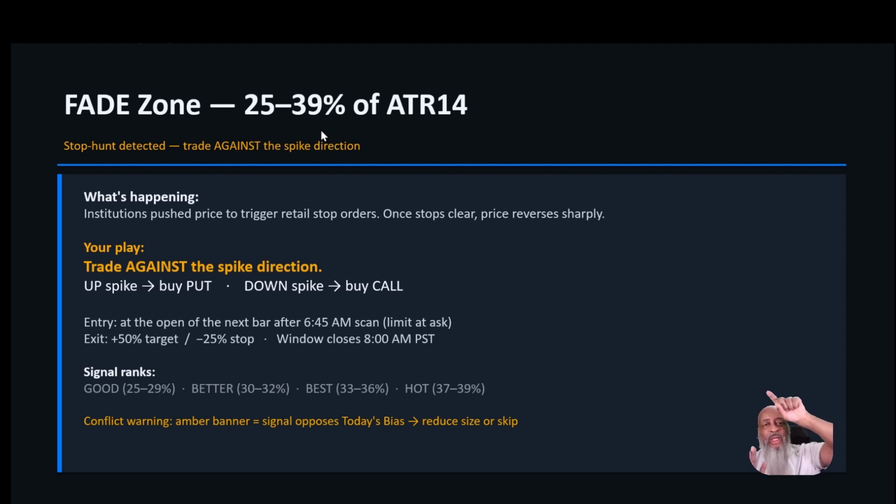What they're doing is they're kicking you out so that then they can buy it and make money while it goes down. Okay, now that's the way this worked out. Down here in the signal strength between 25 and 29, good, better, best. If it's not over 30%, if it's not over 40%, but it's close to that 39%.